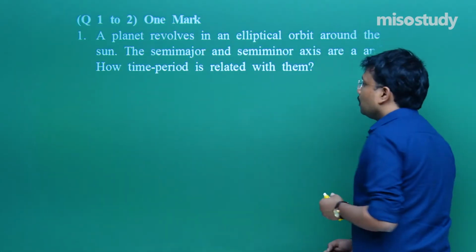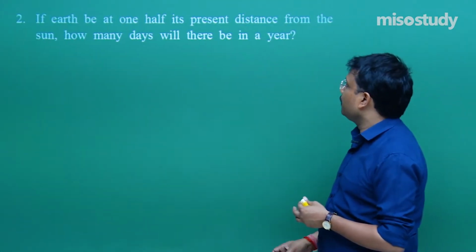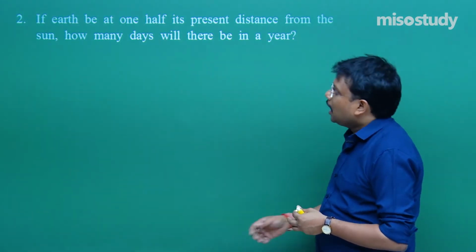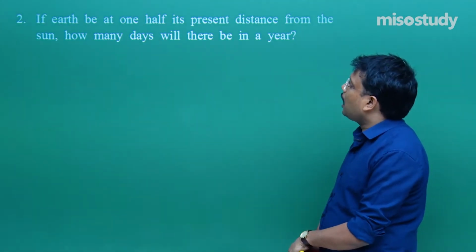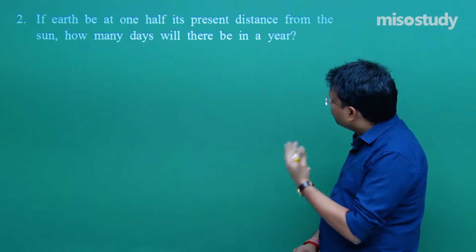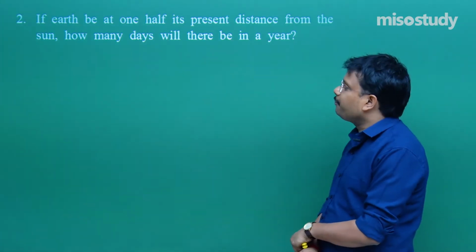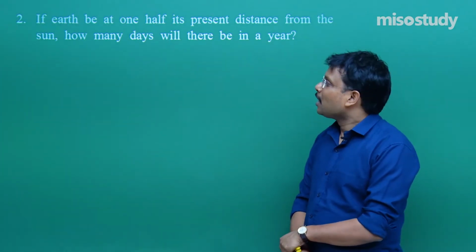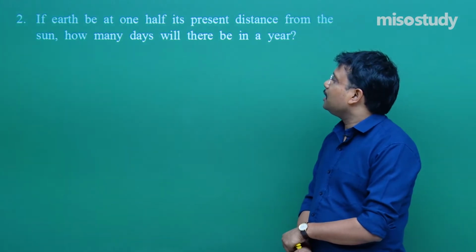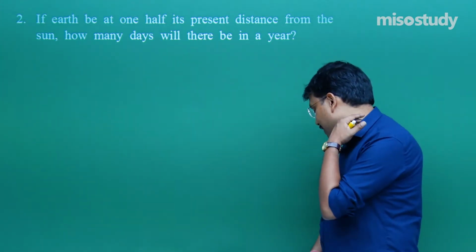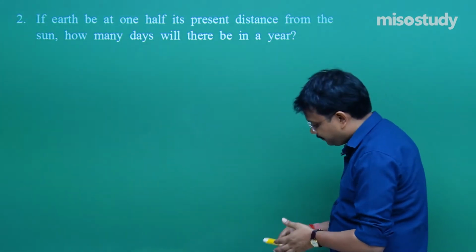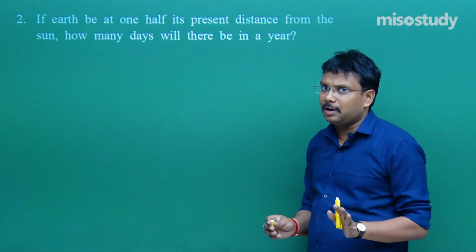So, here comes question number 2. If the earth were at 1/2 its present distance from the sun, how many days will there be in a year? So, what exactly is the idea of this question? The idea of the question is simple.